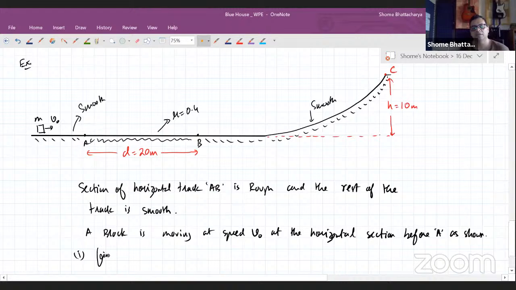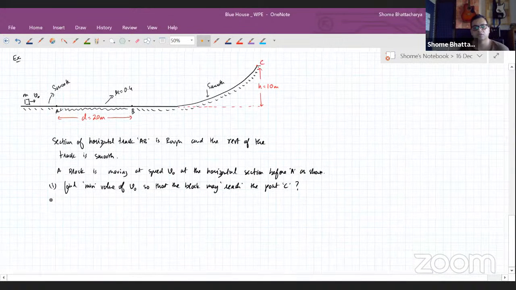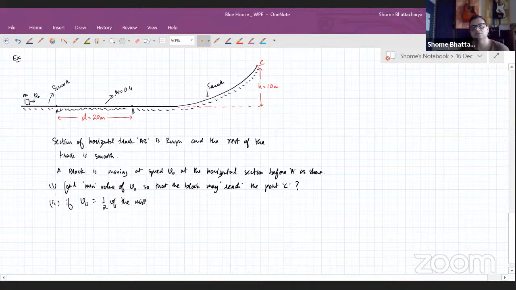So first of all, find the minimum value of v naught so that the block may reach the point C. And second part, if v naught is half of the minimum value of part 1, then will the block cross the point B?